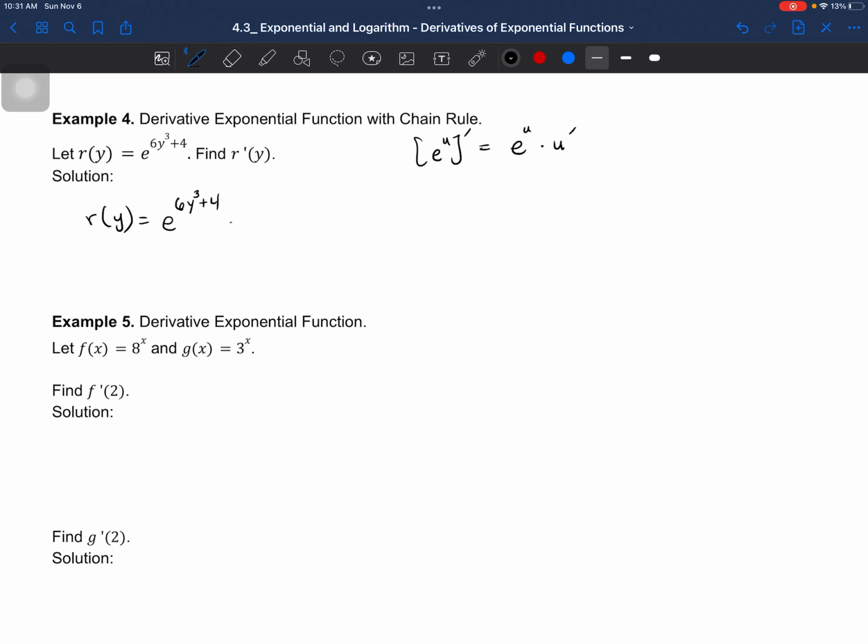Itself times u prime, right? That's supposed to be a u. All right, there you go. So it's itself, copy and paste the function and multiply by the derivative of the inside, right? So let's finish this up.